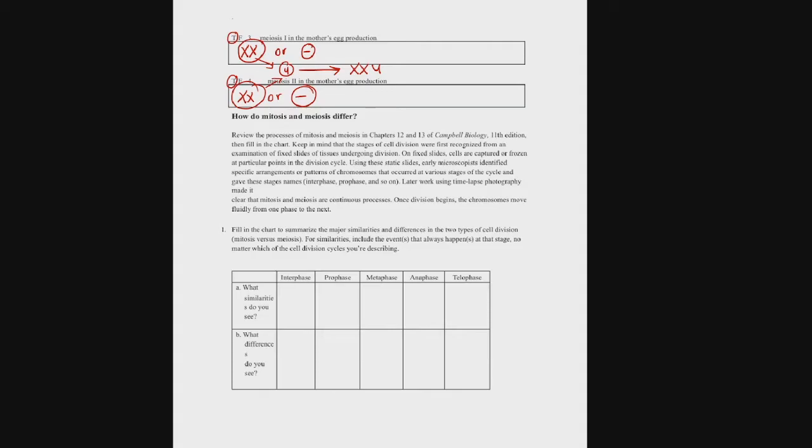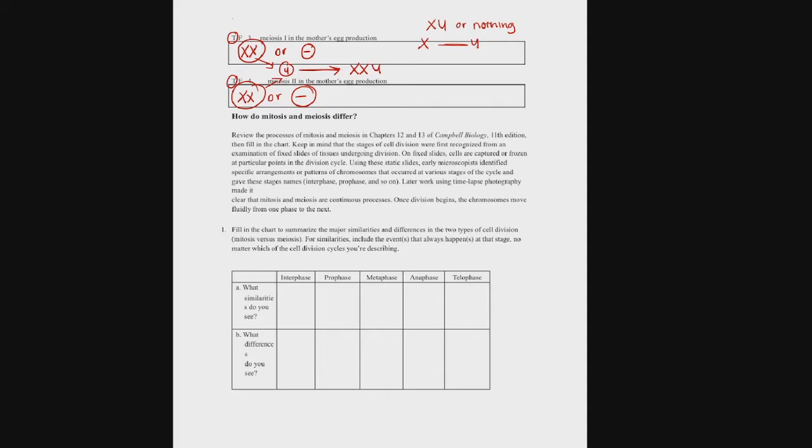So, in meiosis 1, we have the ability for non-disjunction in males to happen where there's X, Y, or nothing. For meiosis 2, they're separated. So you can have X over here and Y over here. They can't cross. There's no disjunction that's going to happen when they're separated.